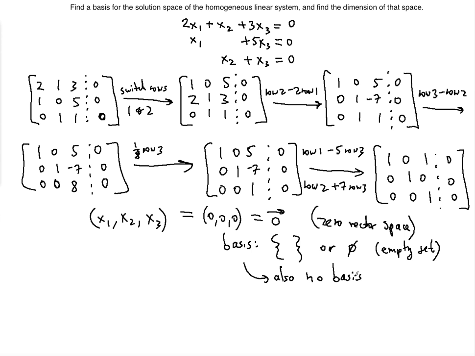So there are multiple ways of naming the result: no basis, because the set is an empty set. When you have a zero vector space, the set is empty. Therefore, there's no basis. So if there's no basis, the dimension will be 0.